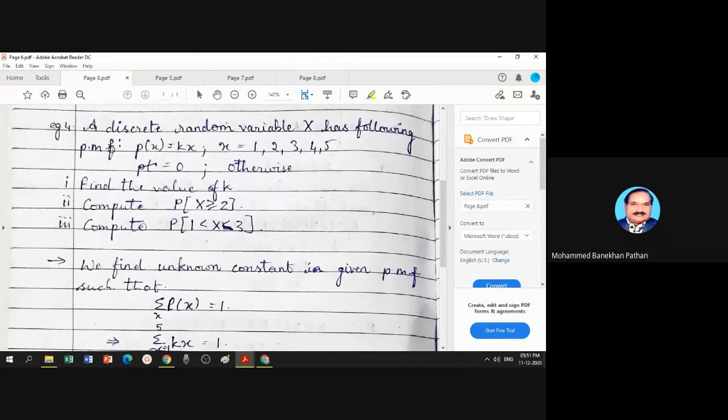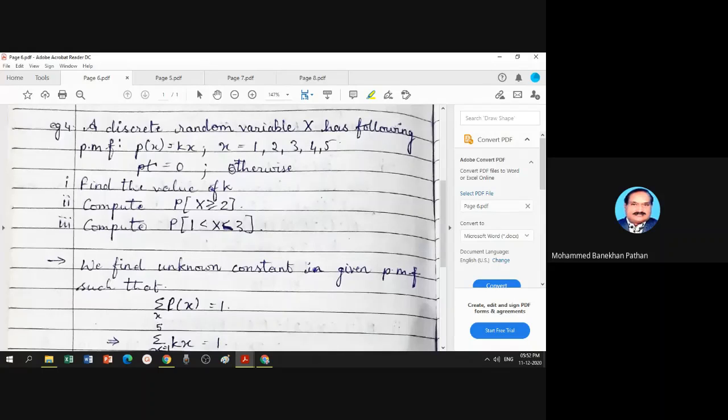P(x) equals k times x; x takes values 1, 2, 3, 4, 5. The function takes value 0 otherwise. What is the meaning of otherwise?